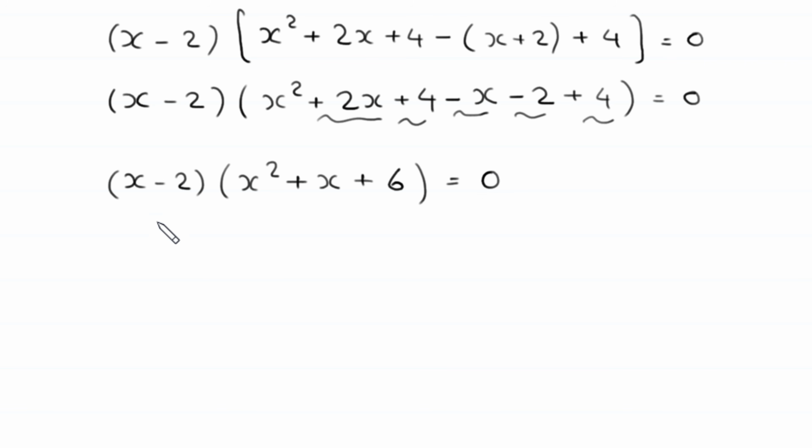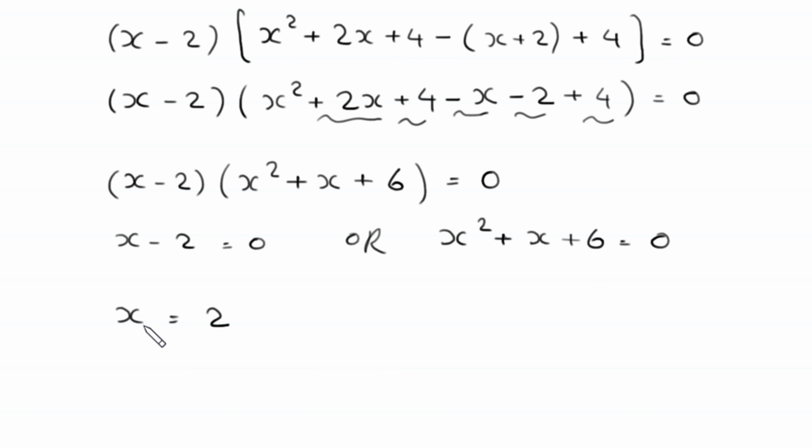And from here either this expression x minus 2 is equal to 0, or this expression x squared plus x plus 6 is equal to 0. From this equation we get the value of x is equal to 2. This is the first value of x, this is the first solution of this equation.